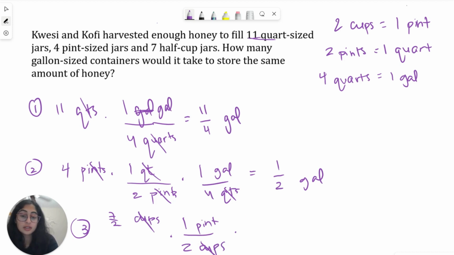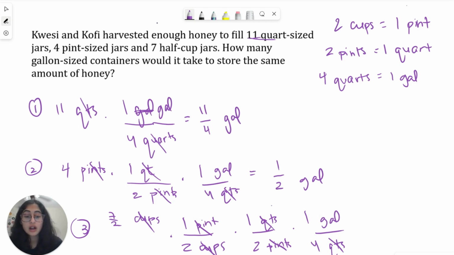We keep doing the same thing: 1 quart per 2 pints. Converting to quarts, we have 7 halves over 2 over 2. But we don't stop there, because we want to get to gallons. There are 4 quarts per 1 gallon, so ultimately we end up with 7 halves divided by 2 divided by 2 divided by 4, which is equal to 7 over 32 gallons.